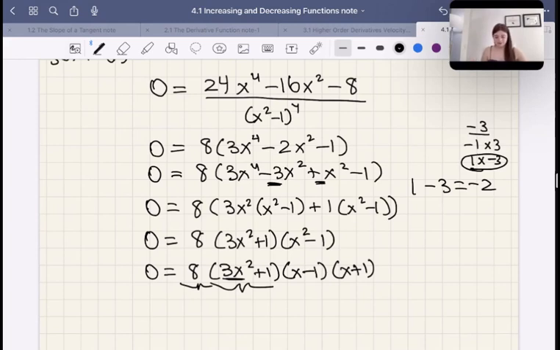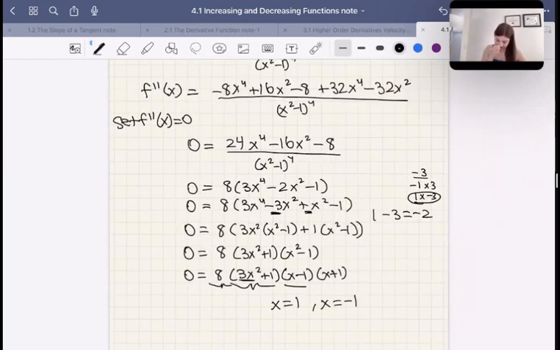Never, ever. And then over here, we could get 0 if x is equal to 1, and if x is equal to minus 1. So therefore, x is equal to 1 and x is equal to minus 1, which happen to be the asymptotes, is where we switch our concavity. Right? So our concavity switches only where the asymptotes are, and that's very, very key.